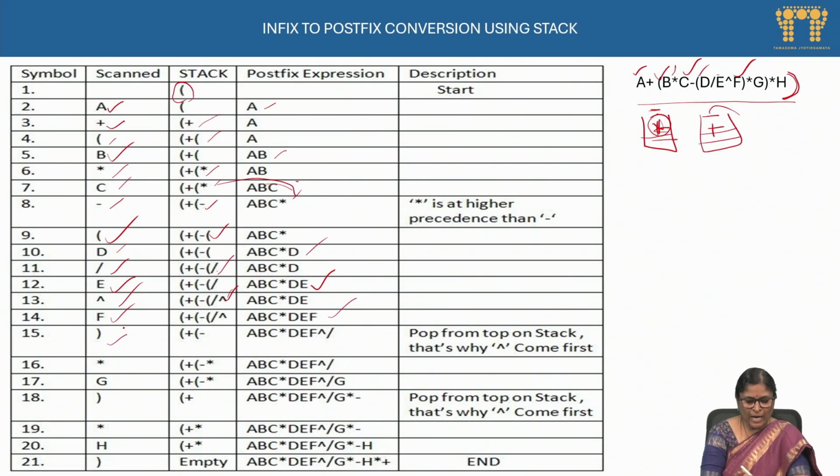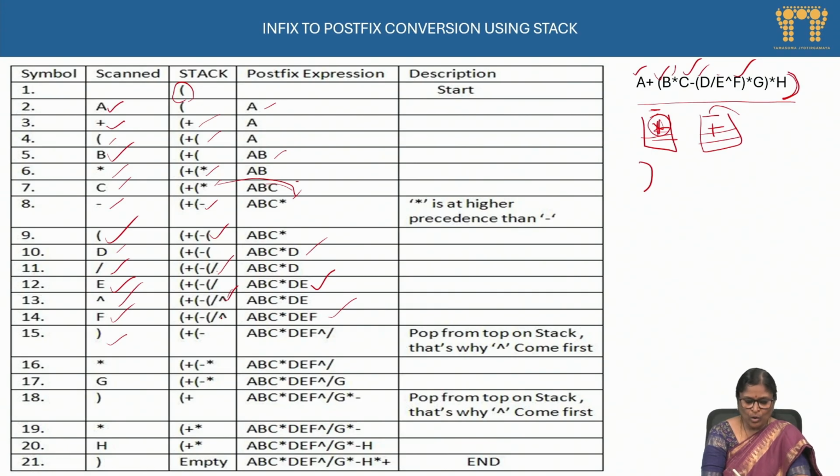Now right parenthesis. So when the right parenthesis is encountered, you have to remove all the particular operators from the stack and add it to the expression till the left parenthesis is encountered. And after adding all the operators to the expression, left parenthesis also will be removed.